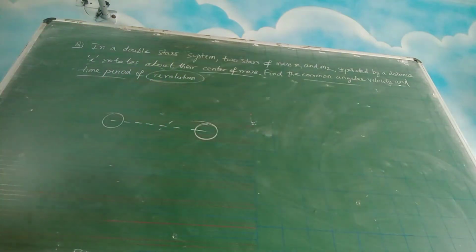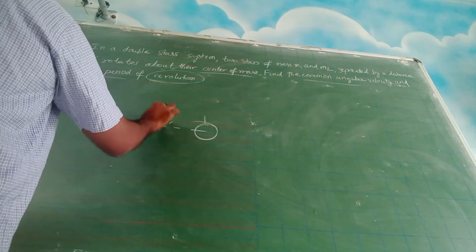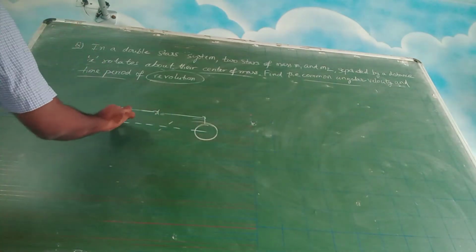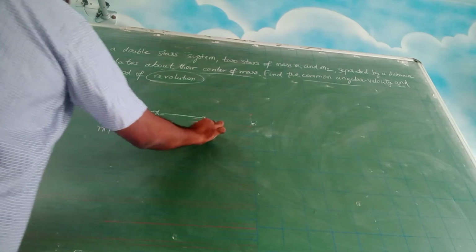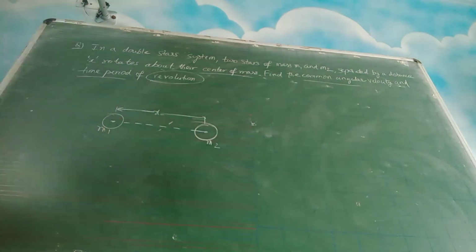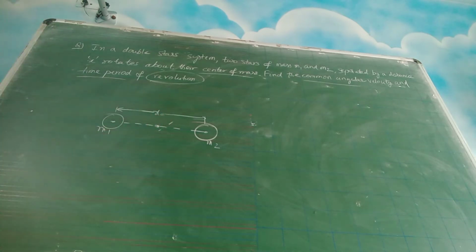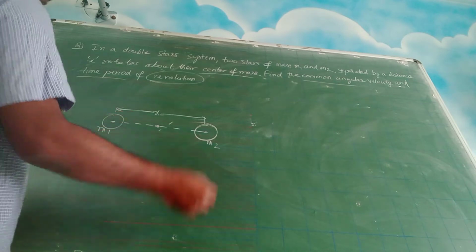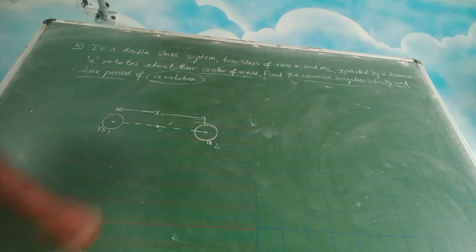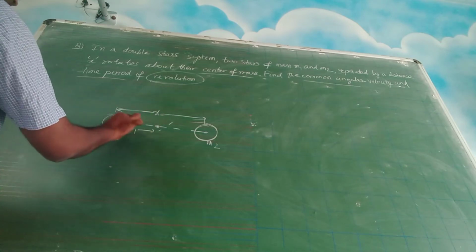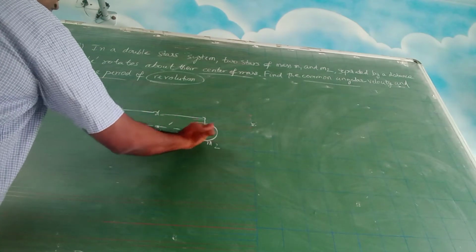So here the distance between them is x, and the masses are m1 and m2. So let us say the center of mass is somewhere here, because it cannot be in the center, as m1 and m2 are different masses, so it can be anywhere. So let us say this distance is r1 and this distance is r2.